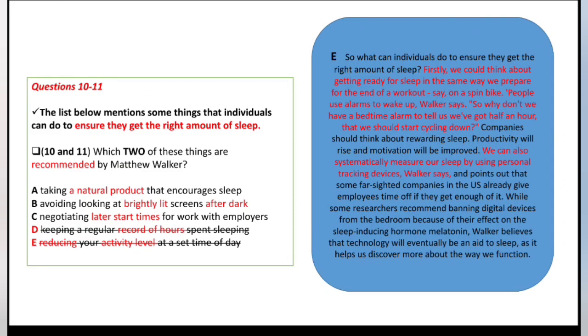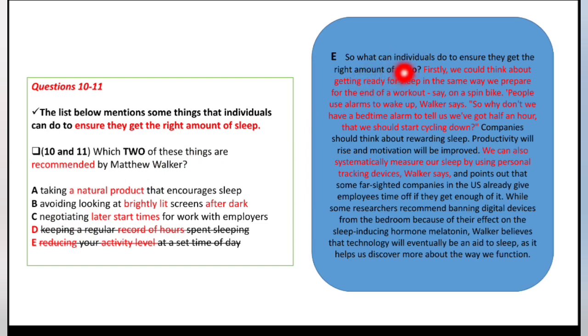By chance, we haven't included the part where you had to solve these question types. We have already given the answers, but we shall have the explanation anyway. Have a look. 10 and 11. Which two of these things are recommended by Matthew Walker? And we have chosen D and E. Now let's look through the reason why.